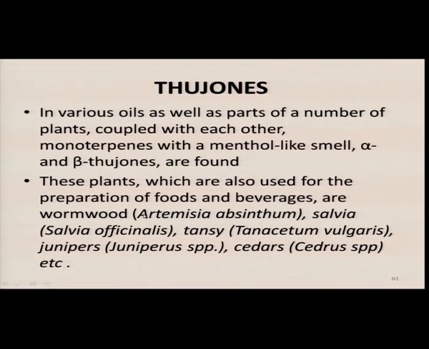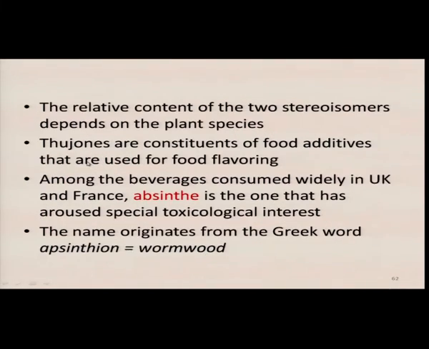Typical examples are wormwood, Artemisia absinthium, sage, Salvia officinalis, tansy, Tanacetum vulgare, junipers and cedars. The leaves or plant parts are normally used in food as a condiment or for preparation of beverages, so they will have these alpha and beta thujones.